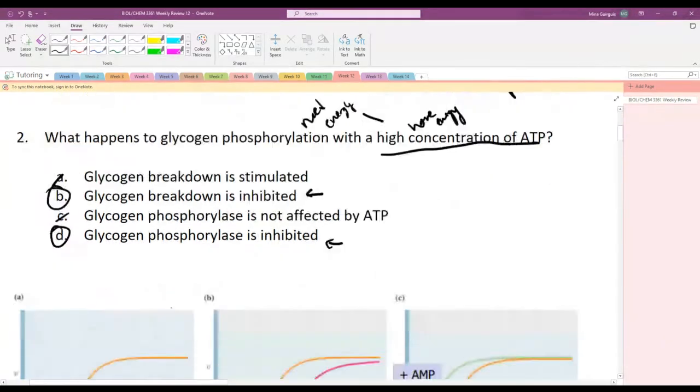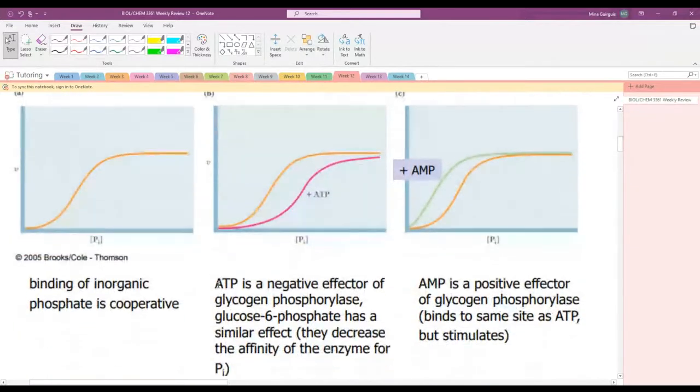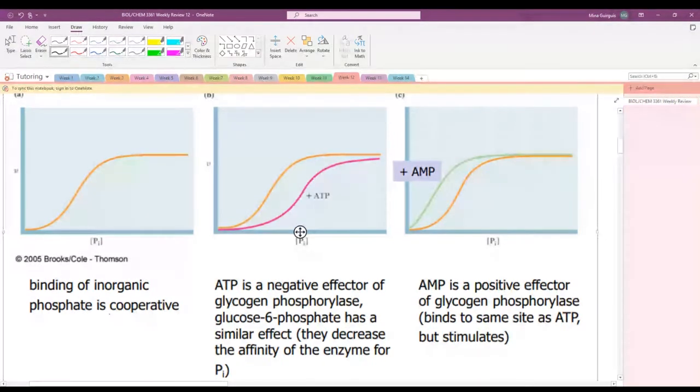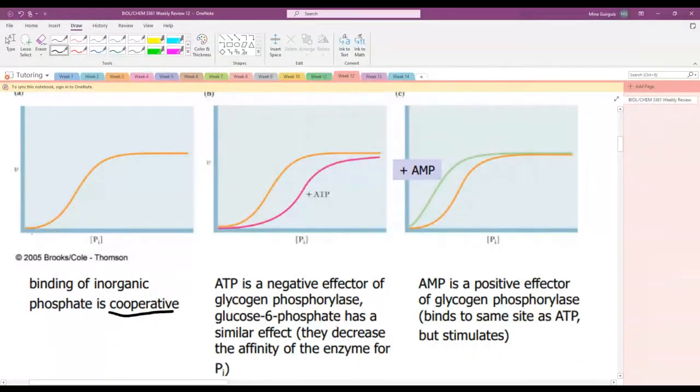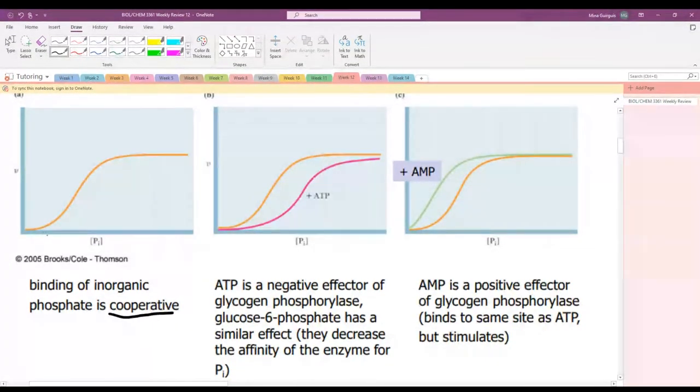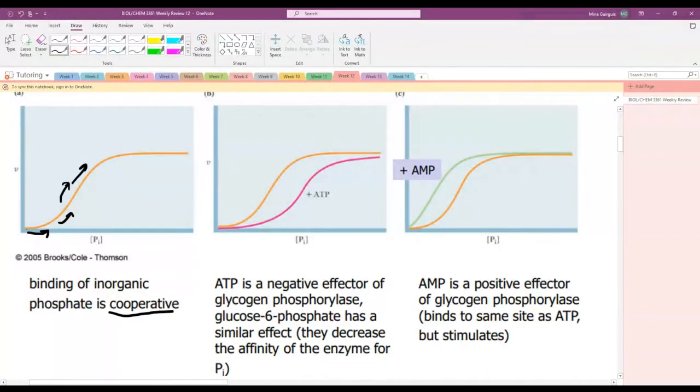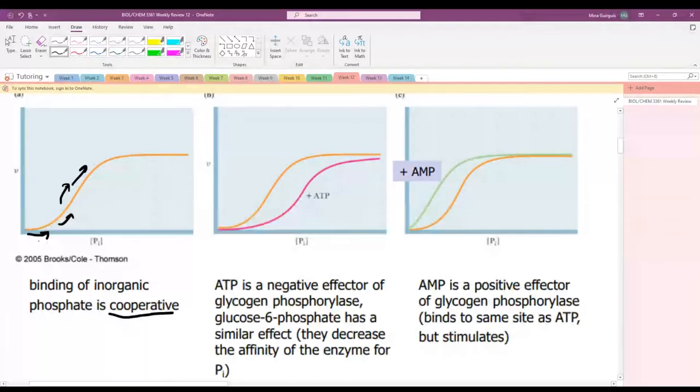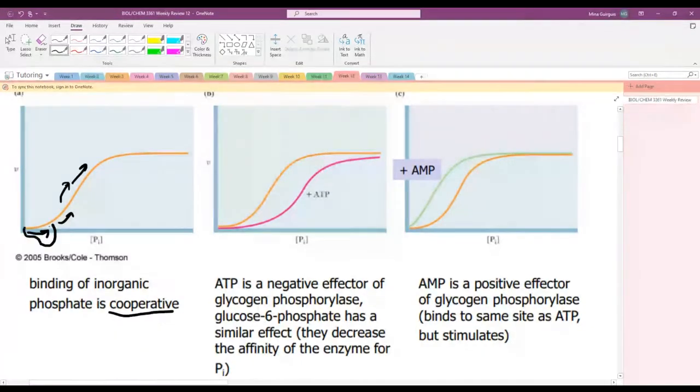And the graphs, I should say, that you see here are representative of that. So important to note, cooperativity is shown here. How can we tell? There's that sigmoidal curve. It starts low and then it increases, okay? So just a recap of sigmoidal curves, the first bit right here is basically the low concentration.